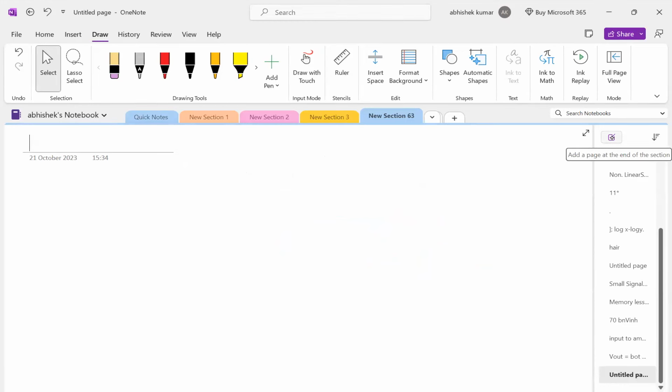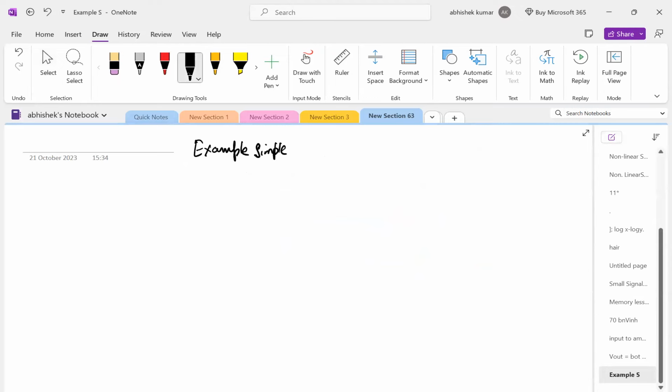Okay. So, example of a simple nonlinear amplifier. You can see here V output.